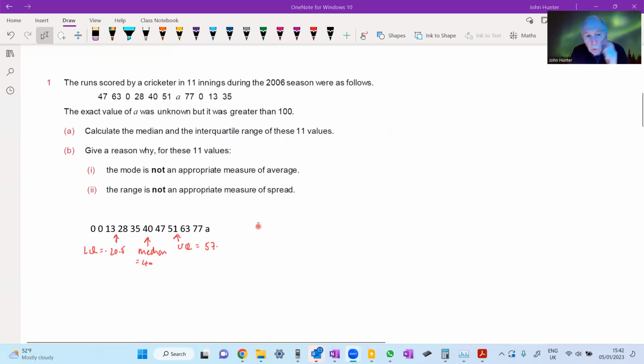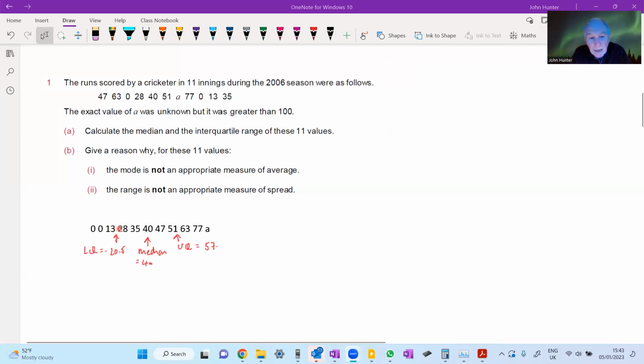Okay, and the interquartile range, well, we more or less have to do that here, because having taken the middle here, that will be too low, that will be too high. This one is going to be in between.